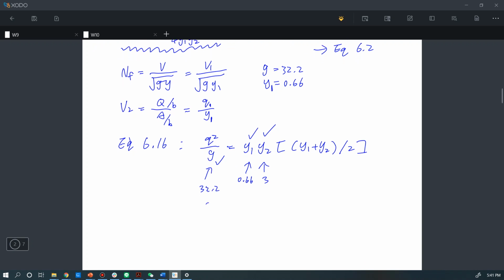Then we get that the flow rate per unit width is equal to 10.8 cubic feet per second per foot.